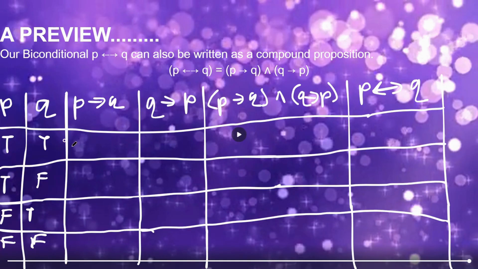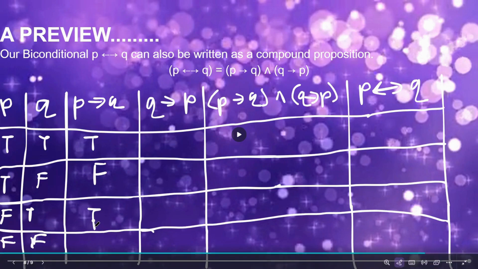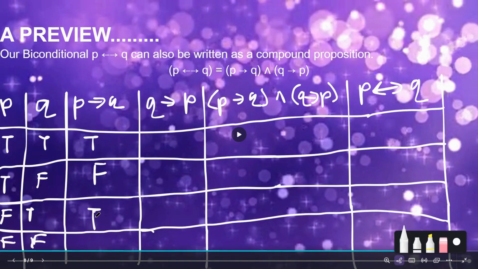Very simple. If true then true, true. If P is true and Q is false, it will be false. If P is false and Q is true, it will be true. If P is false and Q is false, that means it will be true.